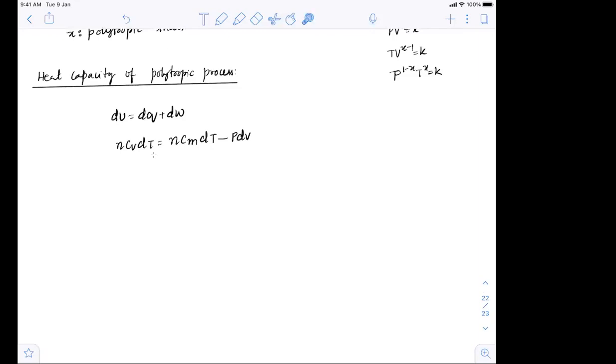From here, I know that TV raised to the power of x minus 1 is equal to constant. Let me differentiate this. What do I get here? dT by dV is equal to minus (x minus 1) into T by V. This is what I'll get.